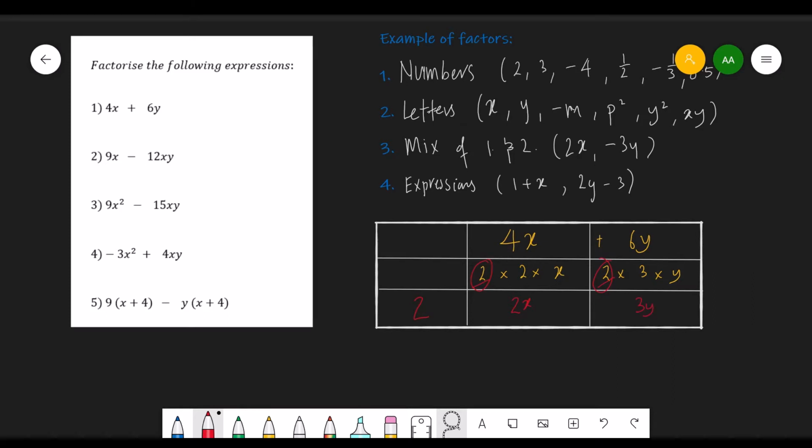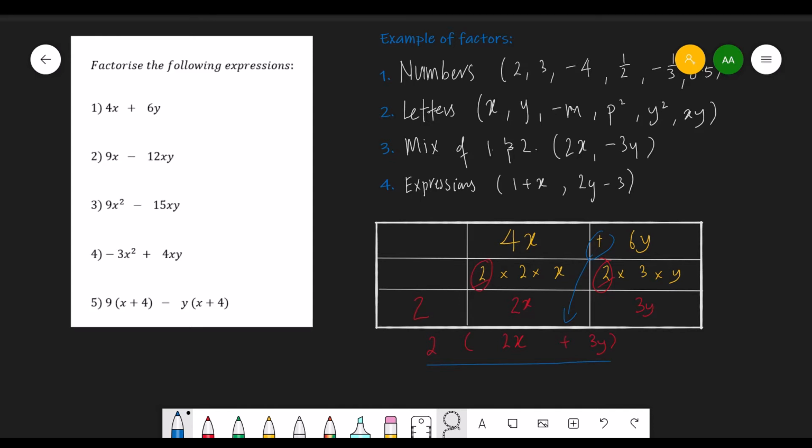How do we present our answer? This is 2 bracket 2x plus 3y. It's plus because we have a plus 6y over here, so we just bring the positive down. So this is our answer for the first one.